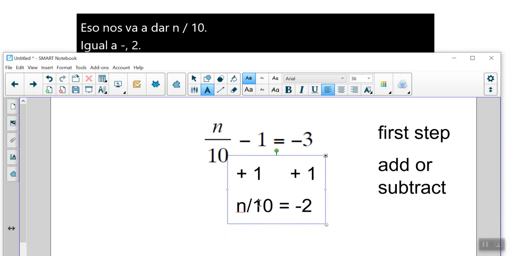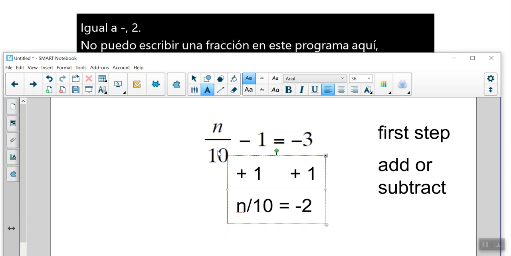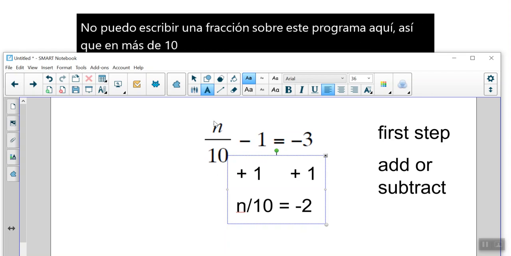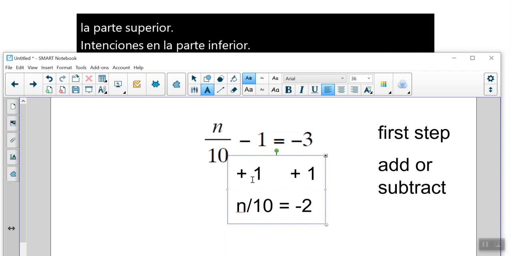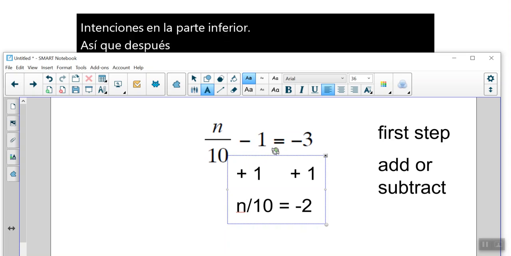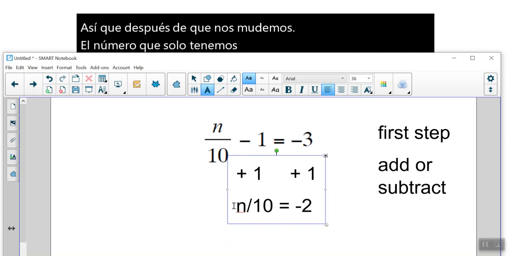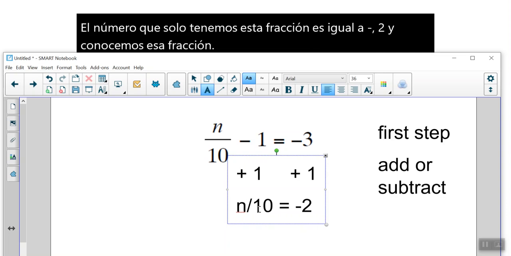I can't write a fraction on this program here, but n over 10 is the same thing as this fraction, right? N's on the top and 10's on the bottom. So after we move the number, we just have this fraction equals negative 2, and we know that a fraction means division.